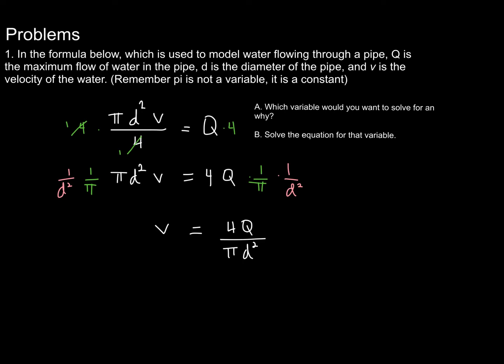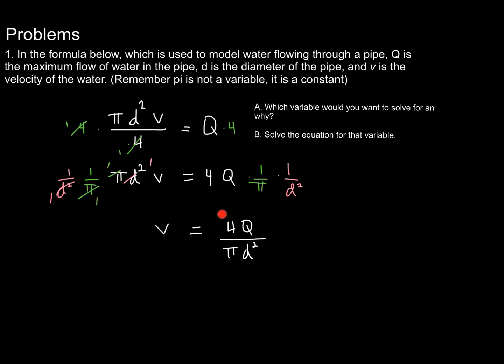So going through, one thing to keep in mind is that when I'm multiplying, the reason I choose to multiply, for example, by 1 over pi on both sides, is that 1 over pi times pi is going to simplify to 1 over 1. Just like 4 times 1 over 4 simplified to 1 over 1 up here. And similarly, 1 over d squared times d squared will simplify to 1 as well.